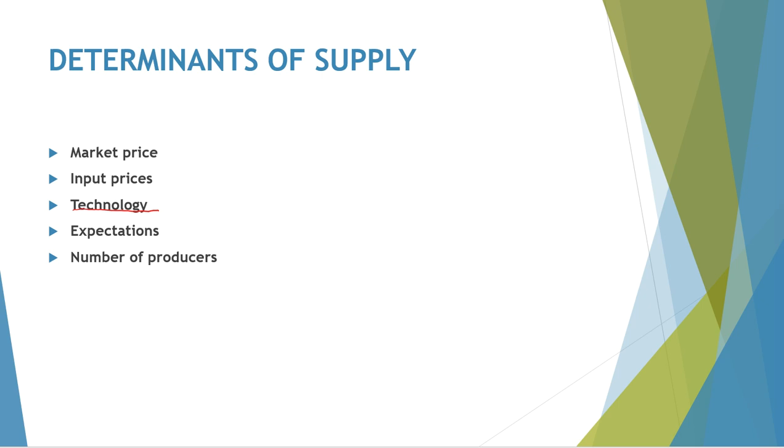So let's say lepas tu dia tak pakai whip lagi, dia dah pakai yang machine untuk whip tu kan. But then still, that machine tu dia masih lagi human operated. Dia macam semi-auto lah. Sekarang ni kita dah boleh produce banyak sikit. Sebab apa? Masa untuk kita produce ice cream tu dah tak lama.